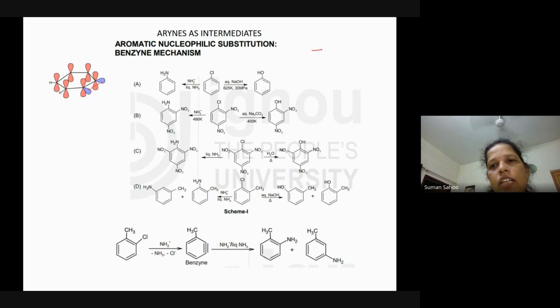We know that in SN1, first we remove the leaving group to generate a carbocation species, and then the nucleophile attacks, and in the case of SN2, the nucleophile attacks from the backside and the leaving group departs. So SN1 and SN2 do not happen in the case of aryl halides. The reason is that it is difficult to break this bond because it acquires a double bond character.